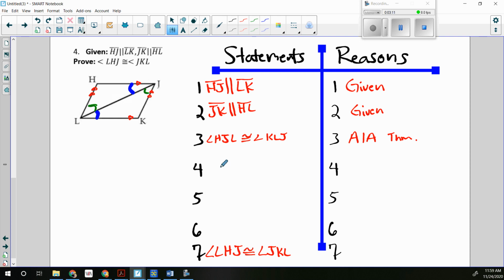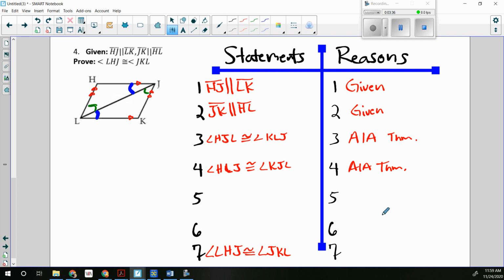So that's angle, let me do the top one first, HLJ. HLJ is congruent to angle KJL, and that's by the alternate interior angle theorem again.